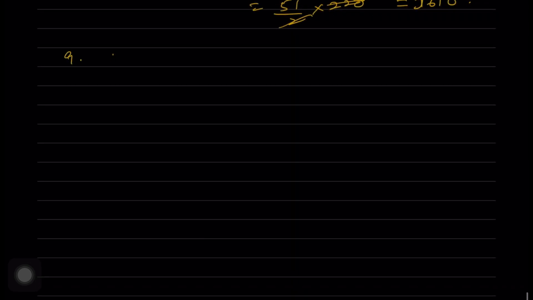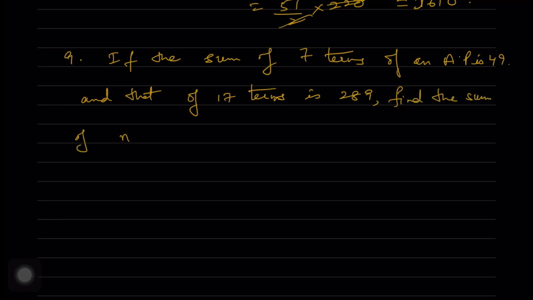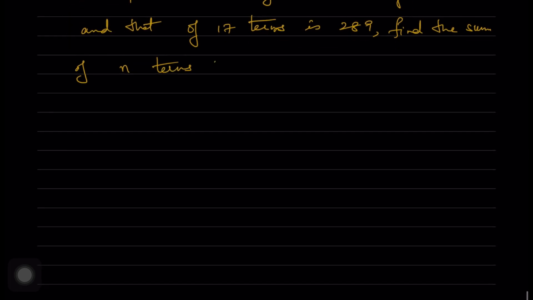Next, going into the ninth problem. What's the ninth one? We'll see. If the sum of 7 terms of an AP is 49 and that of 17 terms is 289, find the sum of n terms.